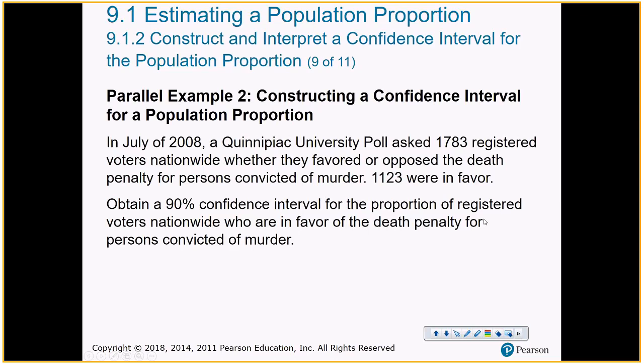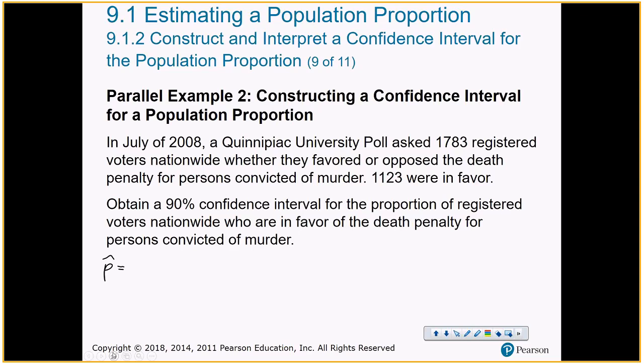So first of all, you got to find what? P hat. So P hat is equal to, and I know we've done this before, but what I'm saying is when you're given a question and they're asking for a confidence interval, you're going to have P hat somewhere because you got to find the margin of error.